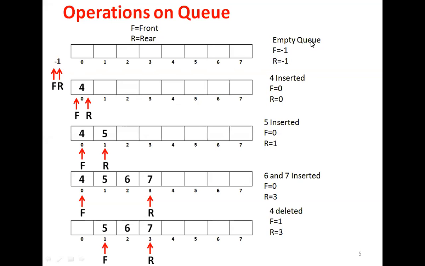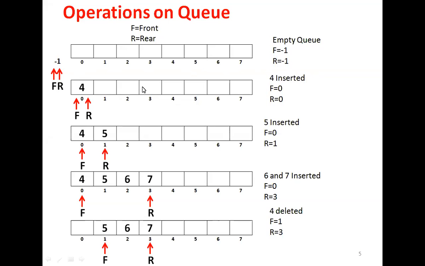There is an empty queue, and suppose you want to insert a data item into this queue, and suppose we want to insert this 4 here. So 4 is inserted into this queue. I told you that it can only be inserted at the rear end, and initially both front and rear are -1.